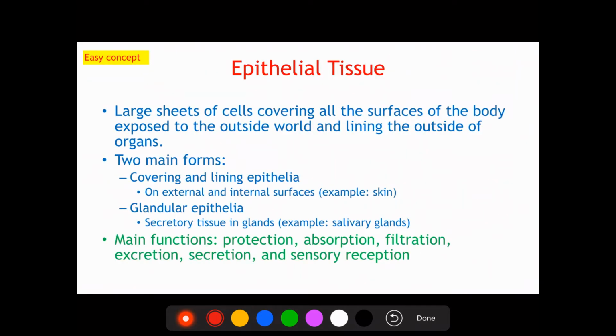For epithelial tissues, from their name, epithelial, it means a large sheet of cells, and they are covering surfaces of the body, technically all of the surfaces in our body. What does it mean, all of our surfaces, whether they are internal or external?